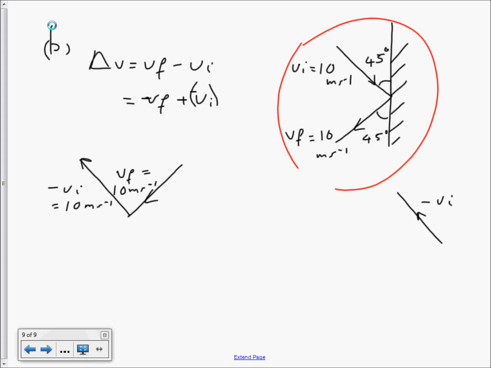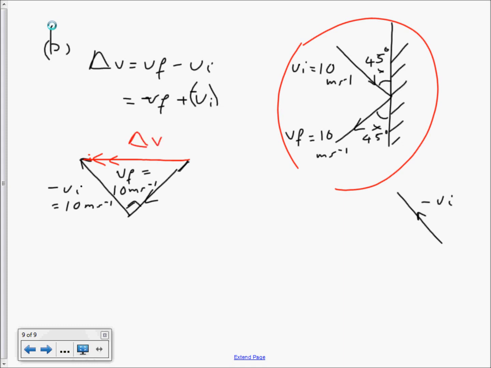If that's 45 degrees and that's 45 degrees, that would be a right angle. So we can use Pythagoras. So our resultant, it's not very well drawn, my apologies, will be like so, away from the wall, and we could use Pythagoras to figure out what delta V is.